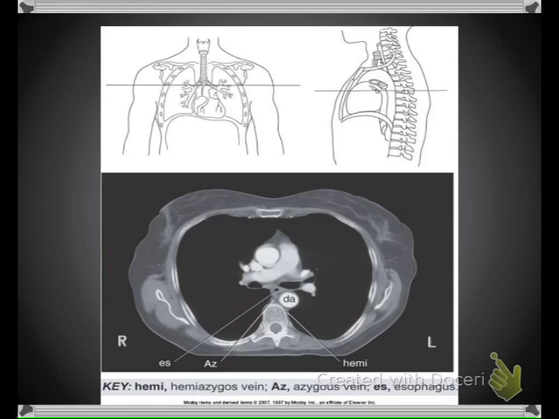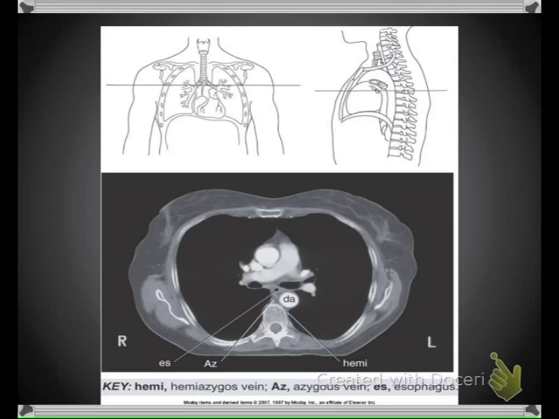The hemiazygos vein actually sits posterior and left of the vertebral body and posterior of the descending aorta in this area here. However, we don't really see it demonstrated very well. What we tend to focus on is the azygos vein. Just know where the hemiazygos vein is actually located.